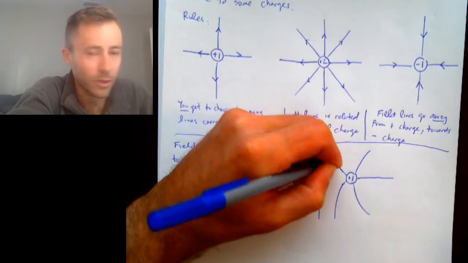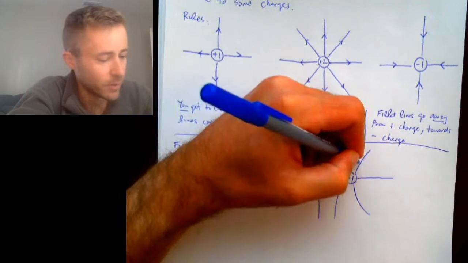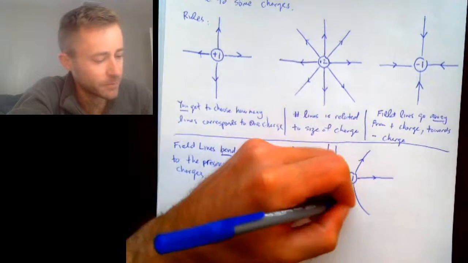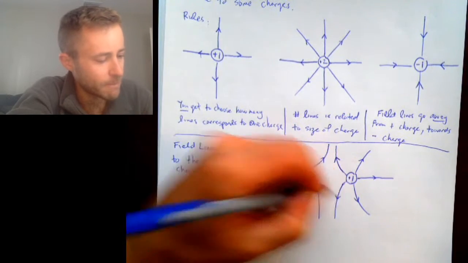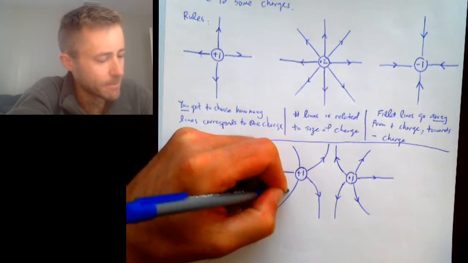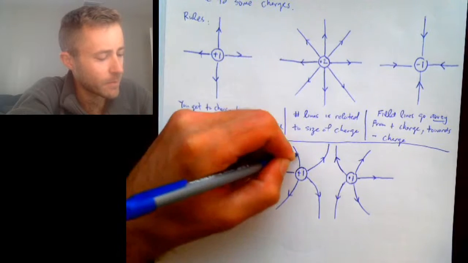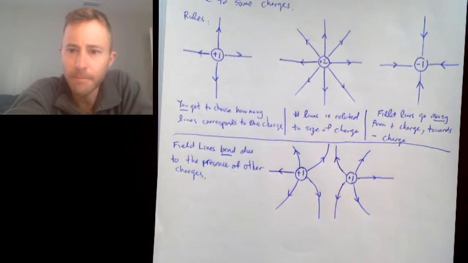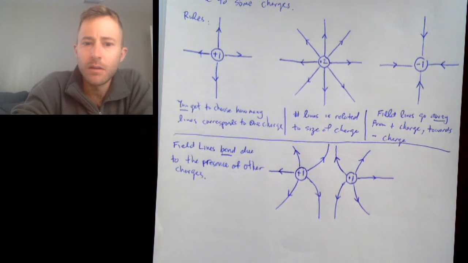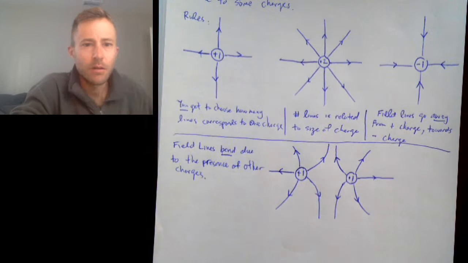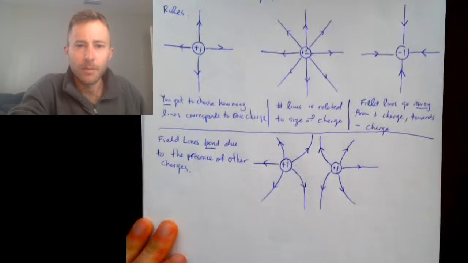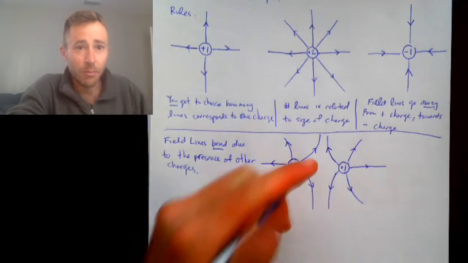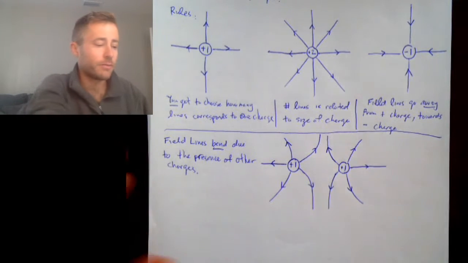I always want to draw the direction on my electric field lines, like so. So that's if you have a positive next to a positive.